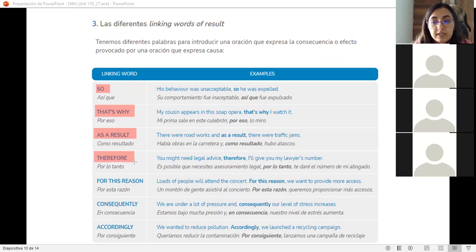Therefore, therefore would mean por lo tanto. For this reason, consequently, and accordingly. Sí, estas dos últimas no se escuchan mucho, pero sí se leen mucho. Sí, consecuentemente o en consecuencia y por consiguiente, ¿no?